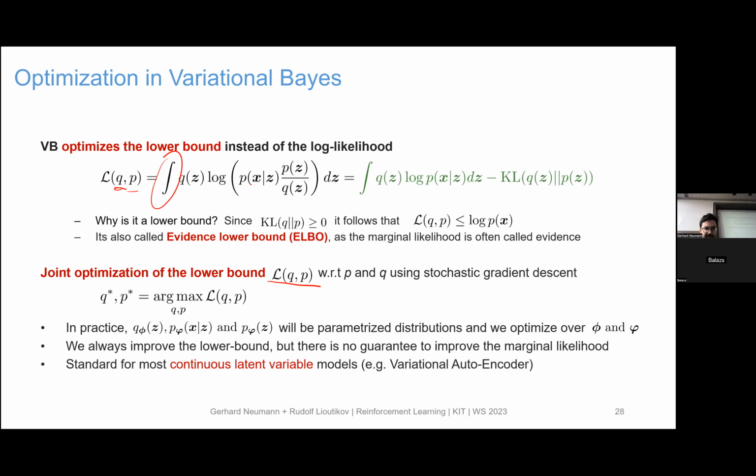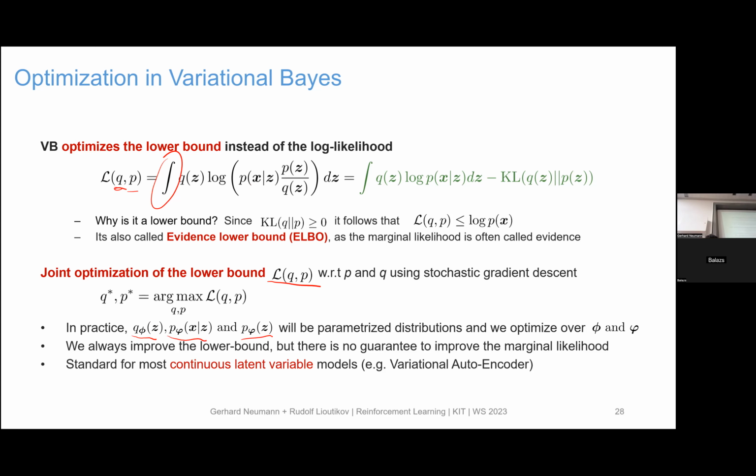And yeah, the variational Bayes algorithm basically now optimizes different sets of parameters, so Q, P, and the prior of the latent variable.